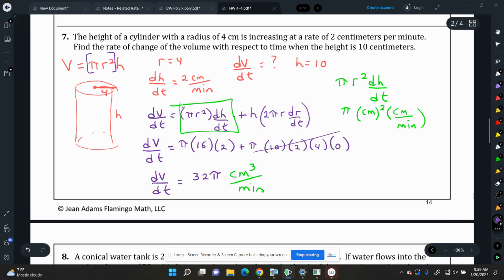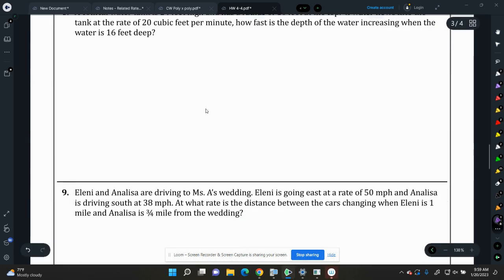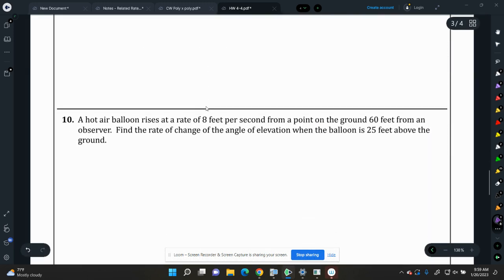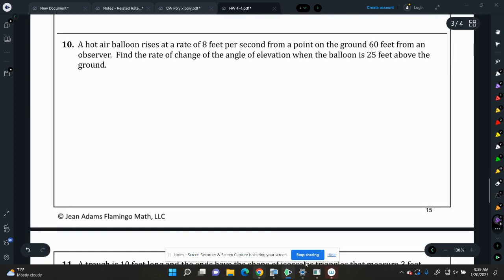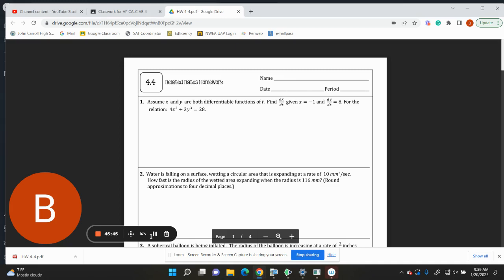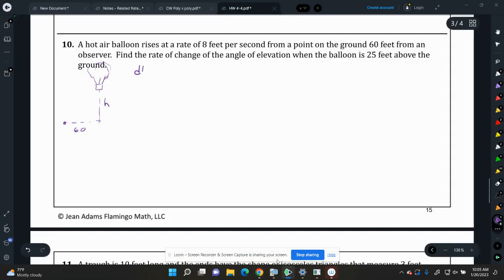Okay, let's look at number 10. Actually, I want you to look at number 10. See if you can do this. Okay, so dh/dt is 8 feet per second, right?